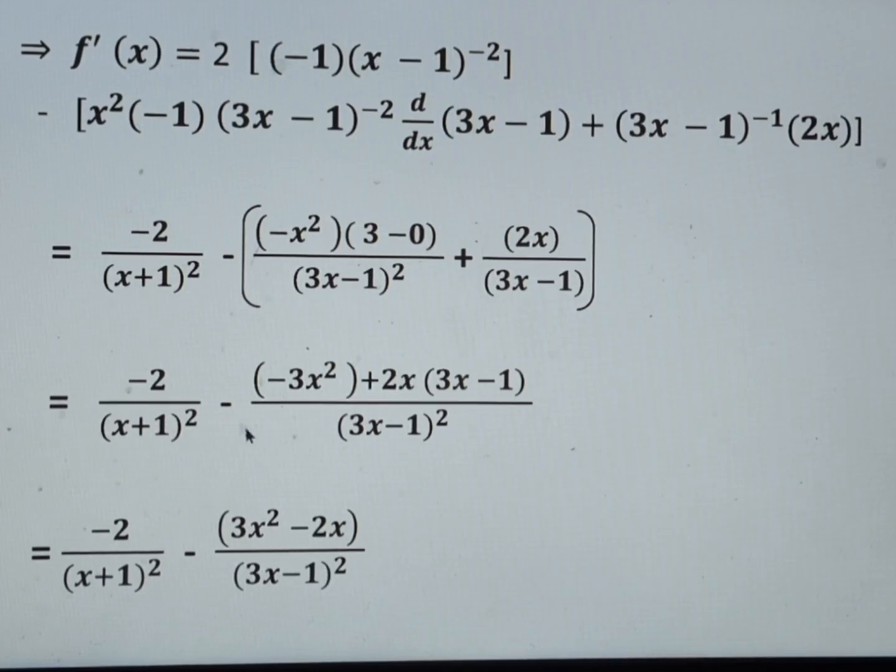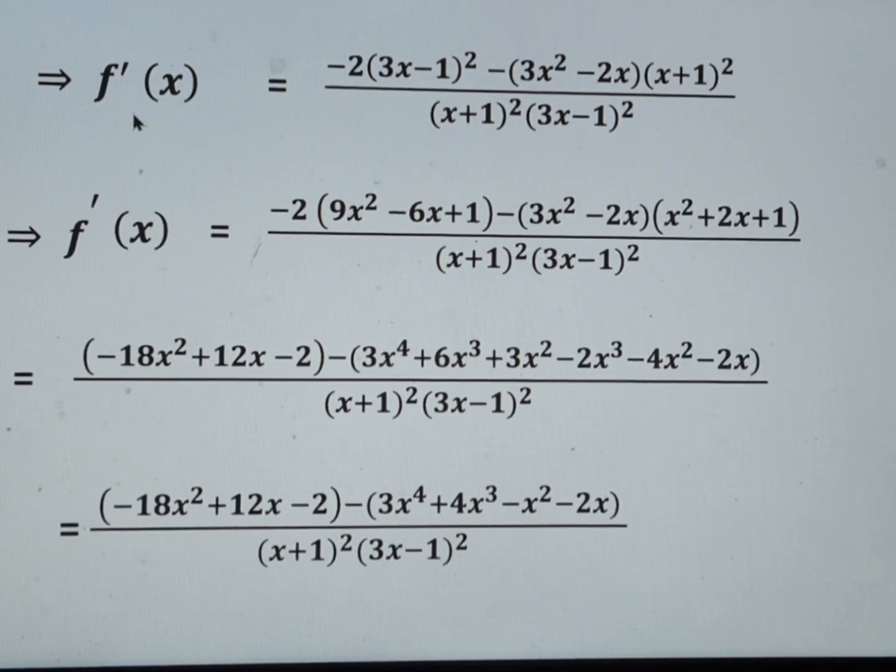After solving this, we get minus 2 over (x plus 1) square minus (3x square minus 2x) over (3x minus 1) square. Now taking LCM (x plus 1) square (3x minus 1) square as in the previous solution.